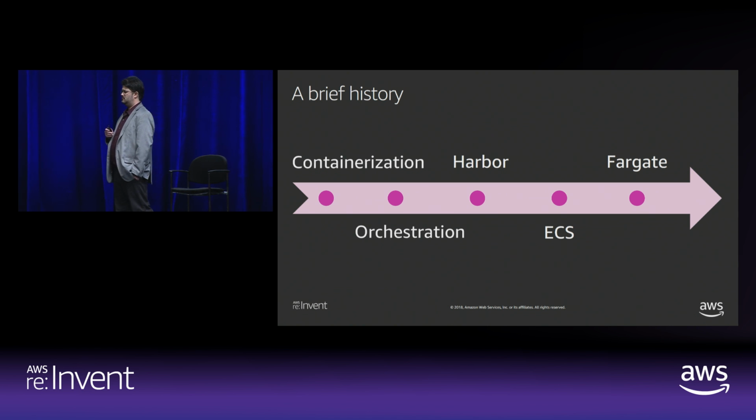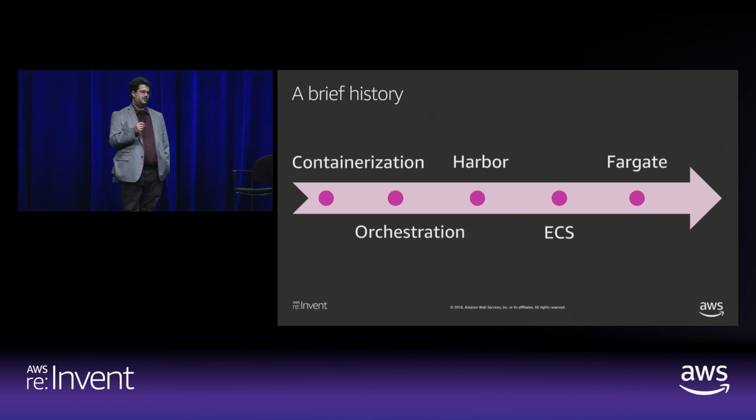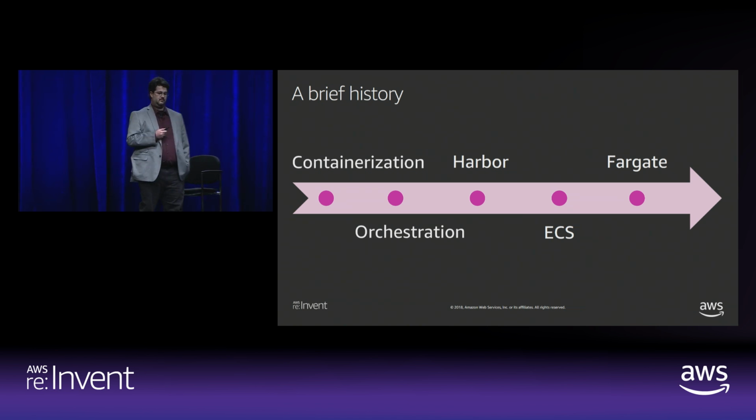And we knew that in order to meet the demands of our business, we were going to need to containerize. So we did. We started to learn how to build Docker containers, and we started to leverage the benefits of them. And through that process, we began to understand the other need of orchestration.